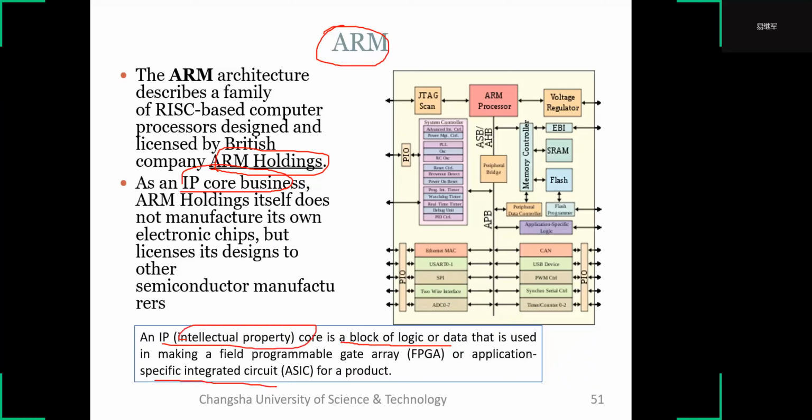The IP core business means ARM Holdings itself does not manufacture its own electronic chips, but licenses its design to other semiconductor manufacturers.